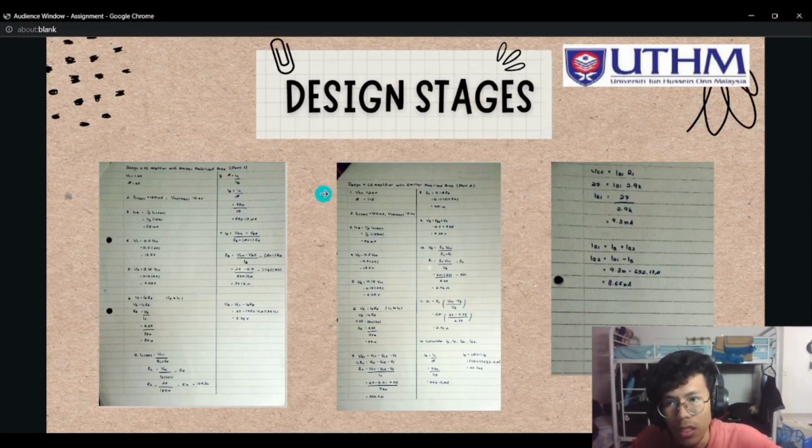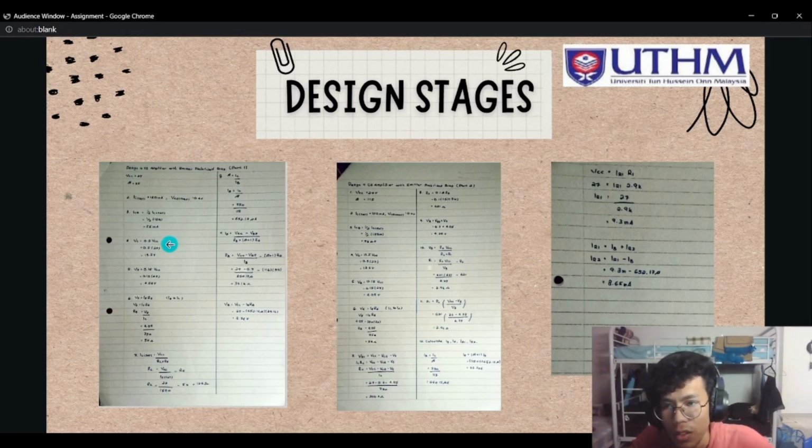In part 1, the VCC is 27 volt and beta is 115. IC saturation and VCE max we got from the data sheet. As for number 3, for part 1, we calculate ICQ by using 1/2 IC saturation, and for ICQ we get 75 milliamp.